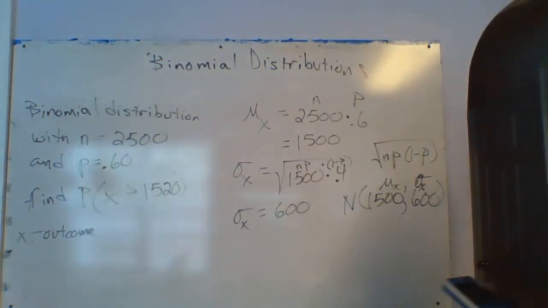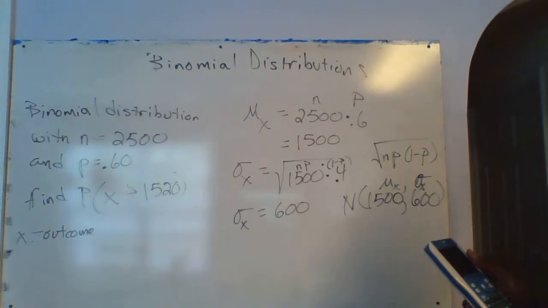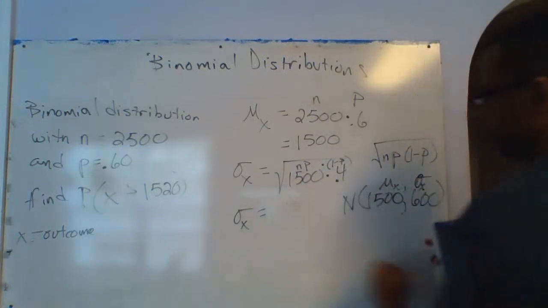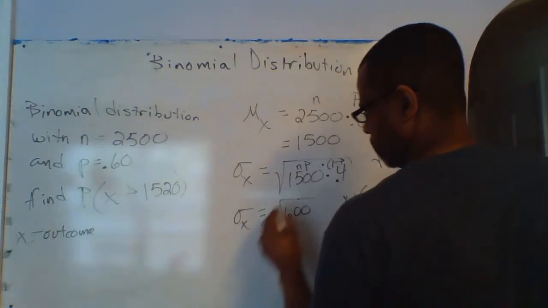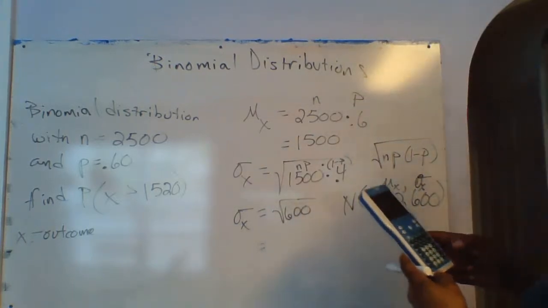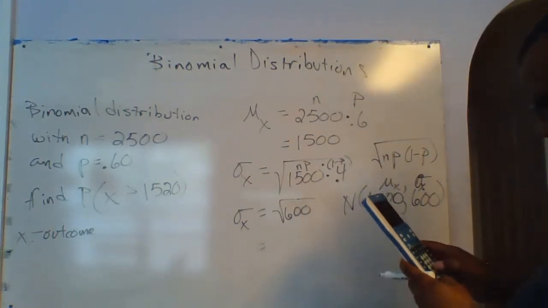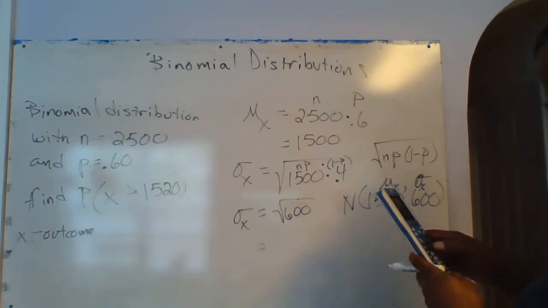Let me check, maybe I did something wrong. Okay, you're right. It's the square root of that. I should have done this. Sorry about that. We have to do the square root of that.